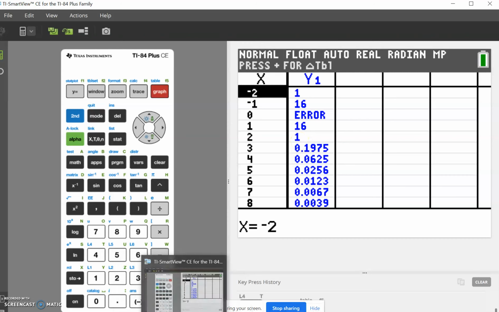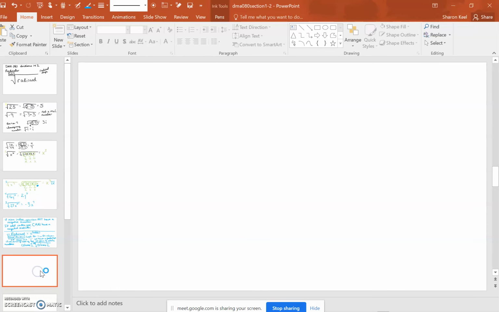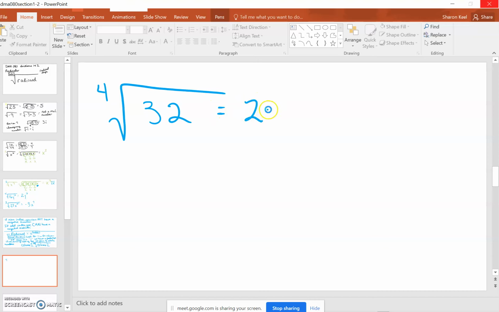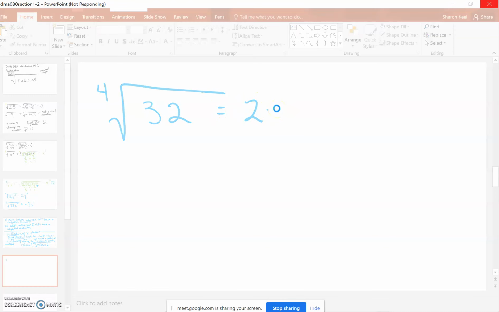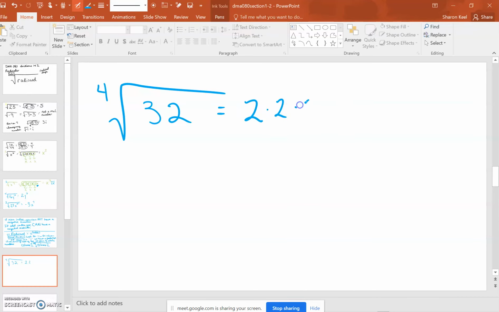If I were to have, let's say, the fourth root of 32, technically that's 2 times 2 is 4, times 2 is 8, times 2 is 16, times 2 is 32.